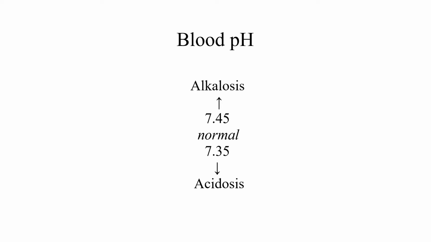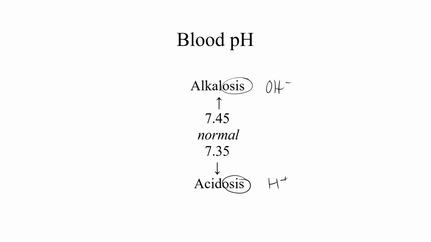Okay, so just to take a look at the words here, osis means condition of, we're looking at the condition of the blood. Above 7.45 means the blood is becoming too alkaline. That means there are too many hydroxide ions, and there's not enough hydrogens. If you fall below 7.35, you're now accumulating too many acids.